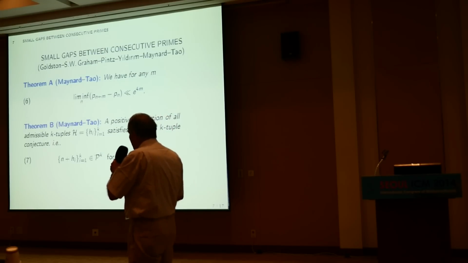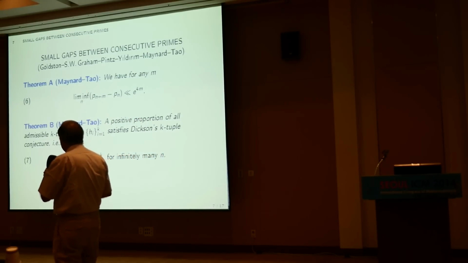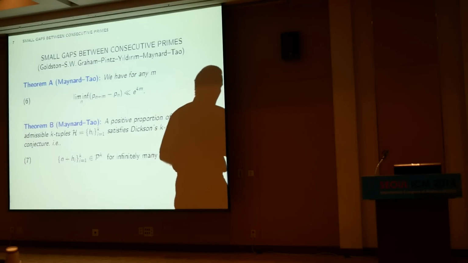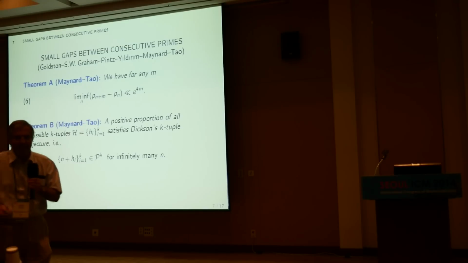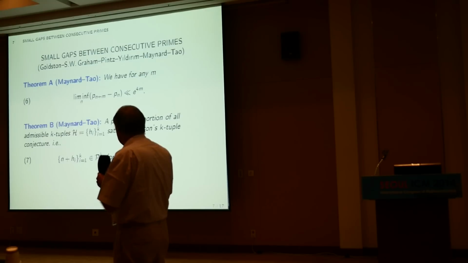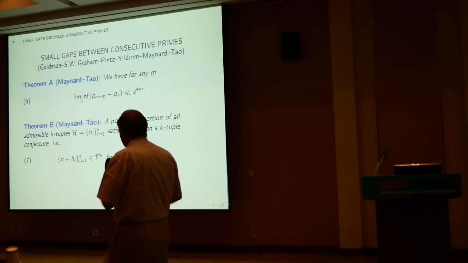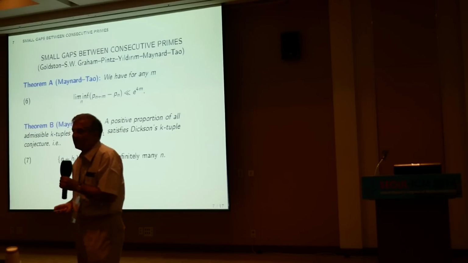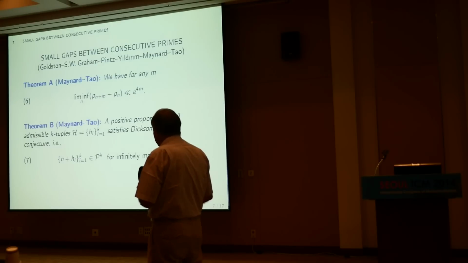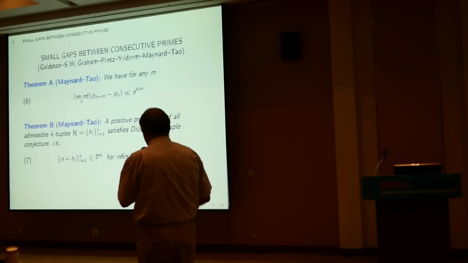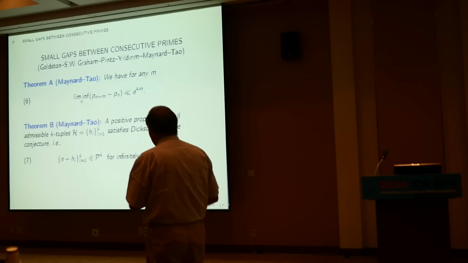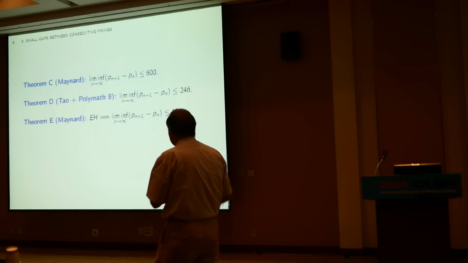The second, that if we consider in some sense the original goal set by Dickson in 1904, that for k linear forms which are admissible, these n plus h_i should be simultaneously primes infinitely often, then this is true at least for a positive proportion of all k-tuples, whatever this should mean exactly mathematically.